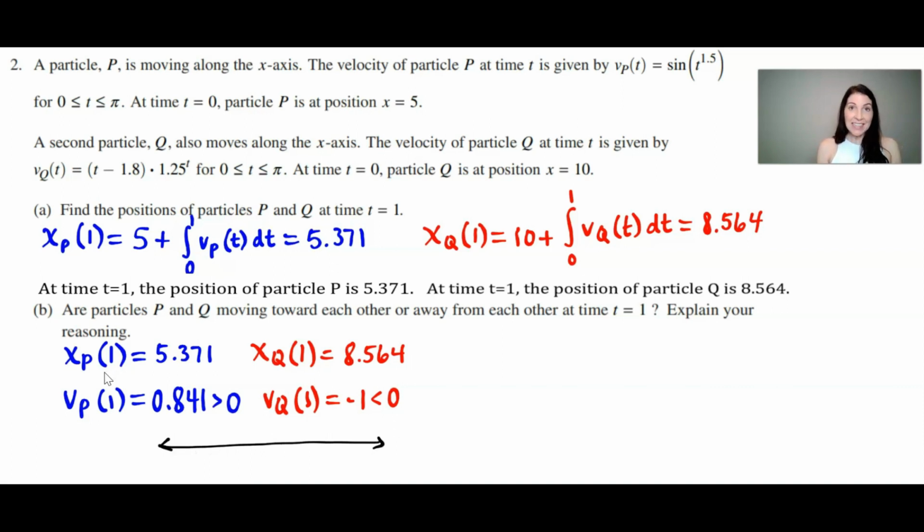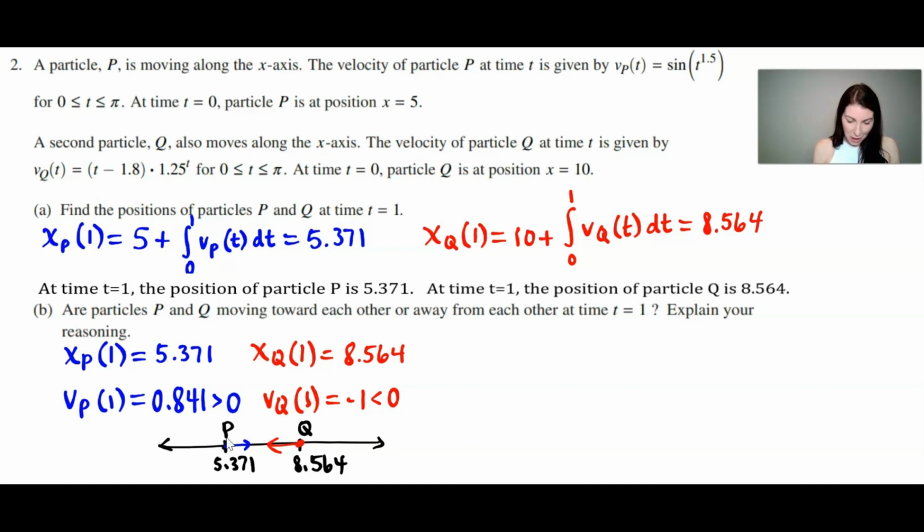At a time value of 1, particle Q has a position that's greater than particle P. So particle Q is going to be right here at a position of 8.564, and because particle Q has a negative velocity, it is going to be moving to the left from 8.564, whereas particle P is at a position of 5.371, and because particle P has a positive velocity, particle P is moving to the right.